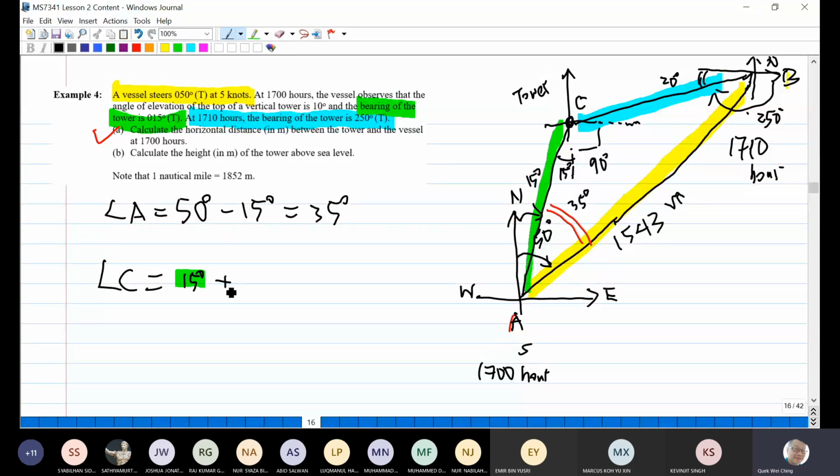And then this is 20, the blue one. So from here, you know angle C now.